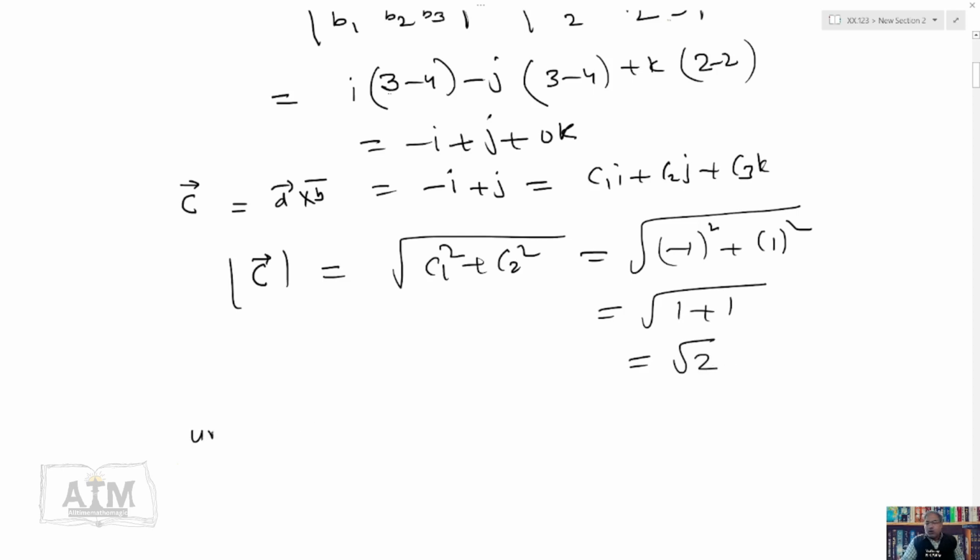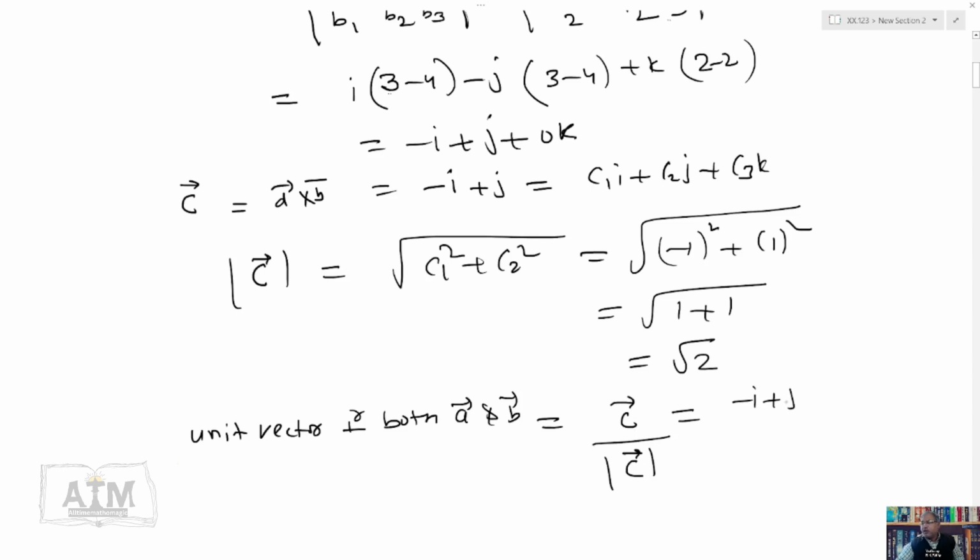Now the unit vector perpendicular to both vector A and vector B is nothing but vector C divided by the magnitude of C. So vector C is minus i plus j, and the magnitude of vector C is root 2. So this is the unit vector perpendicular to both vector A and vector B.